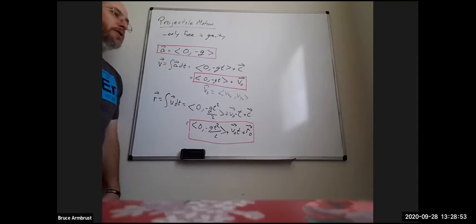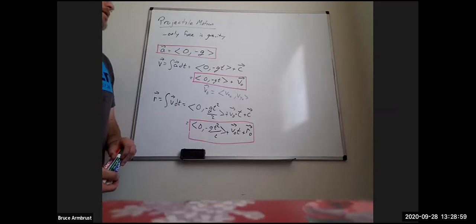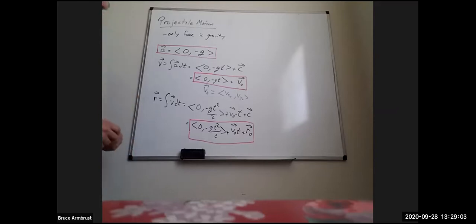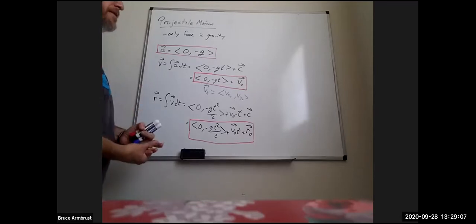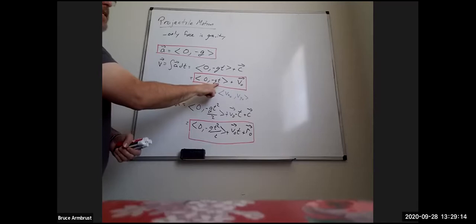All right, so let's talk a little bit about the A sub t's and the A sub n's and the like. First of all, notice that the speed is changing because this portion of the velocity vector has t in it.